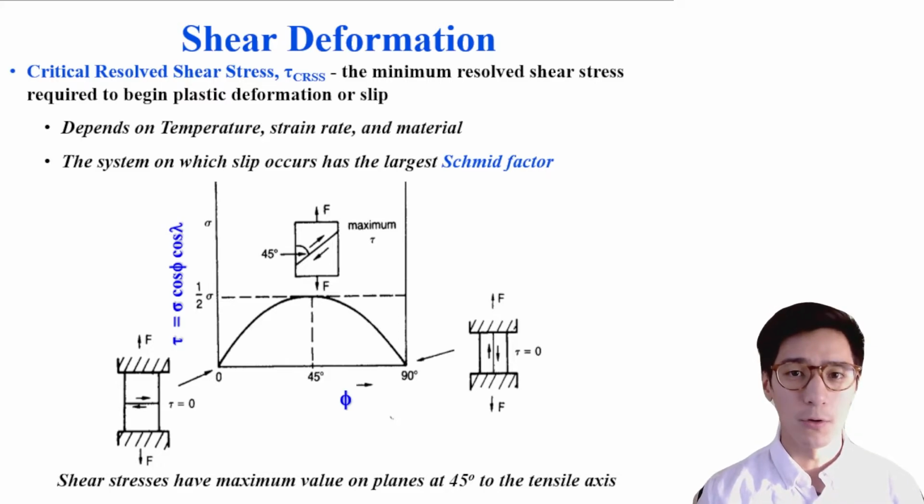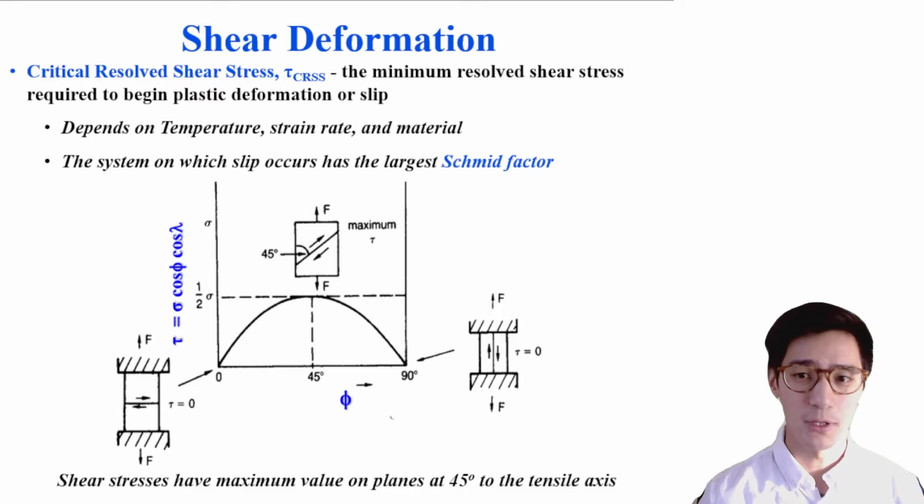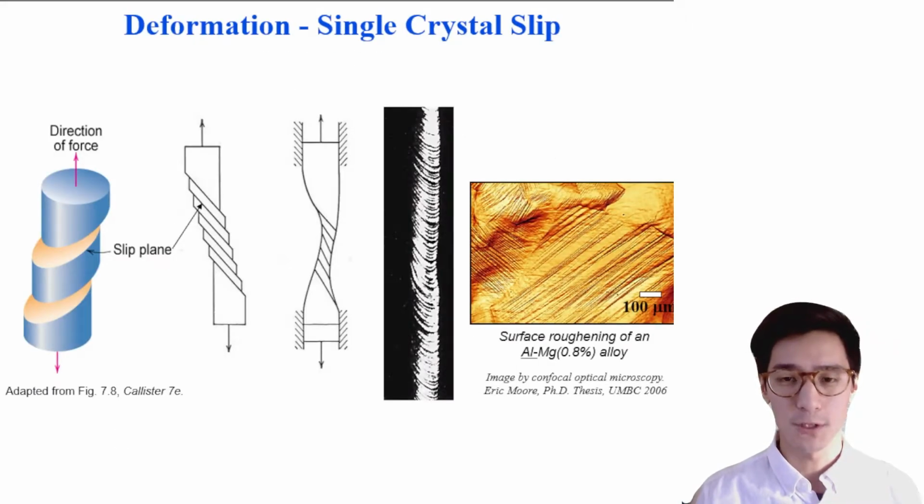The key takeaway from this section is that even if an applied load is higher, if the slip system is not oriented favorably, the resolved shear stress, the true stress on the dislocation, may actually be lower. Once the critical resolved shear stress is reached and the dislocations begin to glide, they can glide out of the surface of the material.